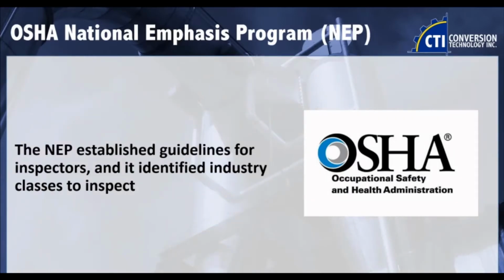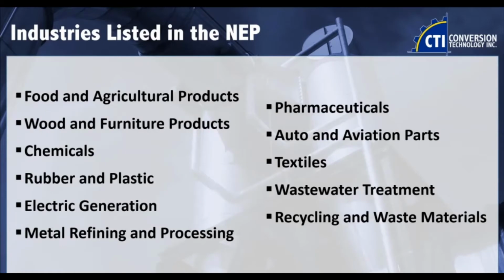So as I said with OSHA, the NEP established guidelines for inspectors. Part of that NEP is it identified industry classes that OSHA should look out for or otherwise inspect. Some of those include food and agricultural products, wood, furniture products, or timber processing, pellet mills, salt mills, all those.